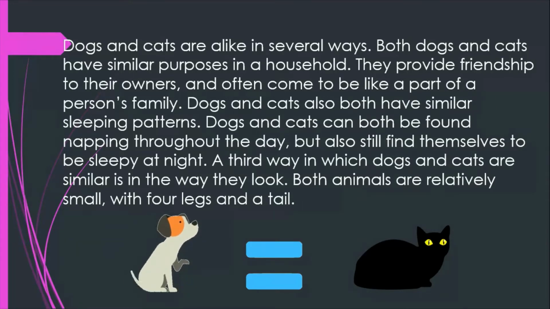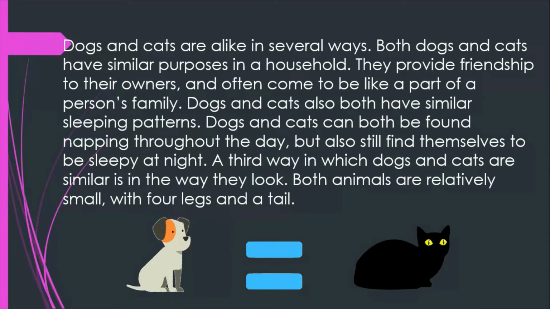Okay. Excellent. Dogs and cats are alike in several ways. Both dogs and cats have similar purposes in a household. They provide friendship to their owners and often come to be like a part of the person's family. Dogs and cats also both have similar sleeping patterns.